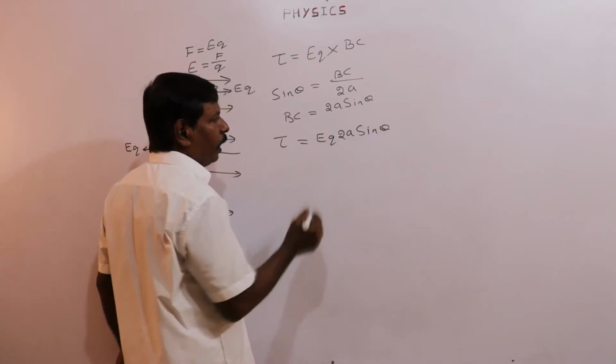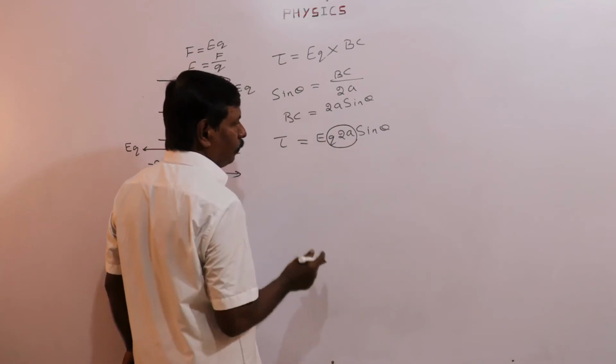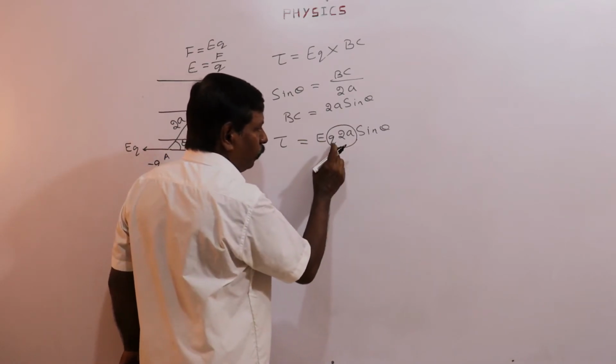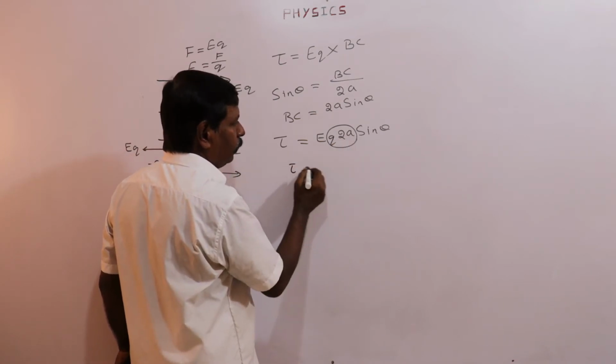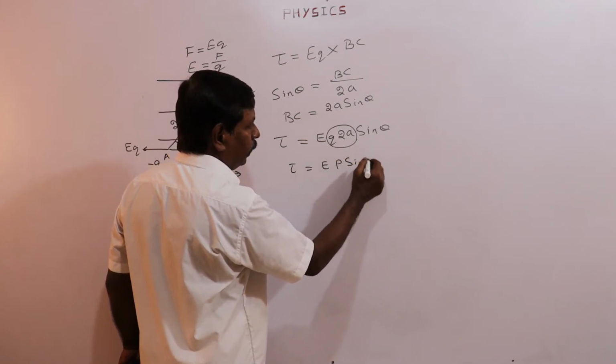Now 2aQ is known as the dipole moment, the product of any one of the charges and the distance between the two charges. So tau is equal to E P sin theta.